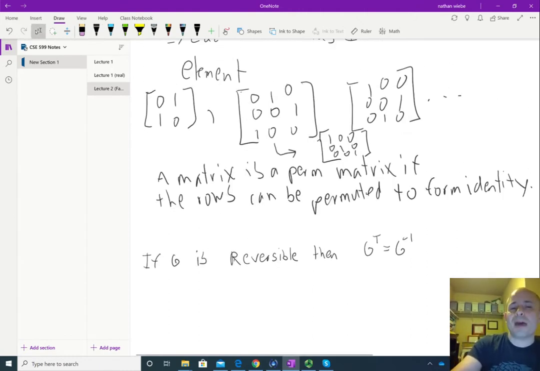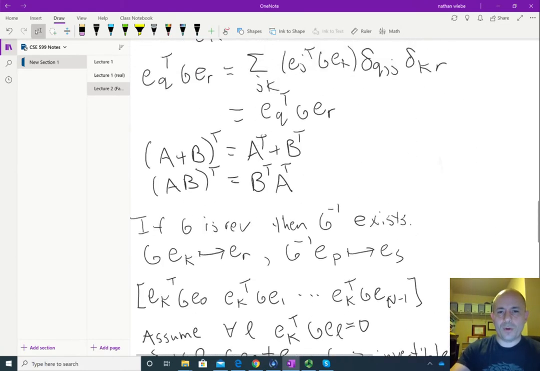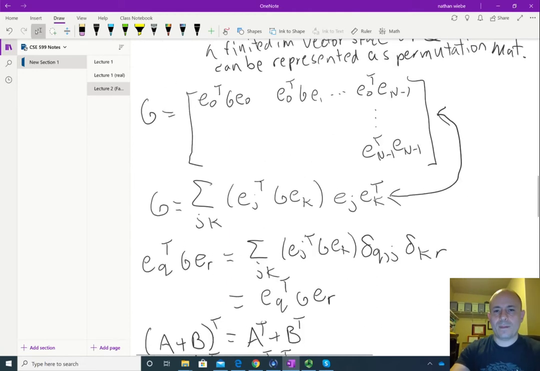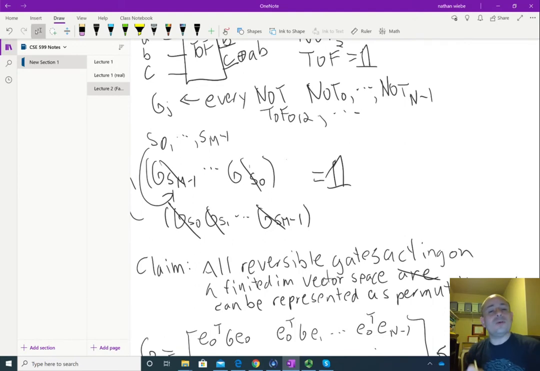So if you jump back and think about the example that we went through over here, with the telescoping sums, you'll note that we formed the inverse basically just by taking this sequence and running it in the opposite order.